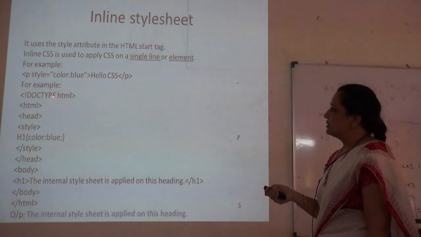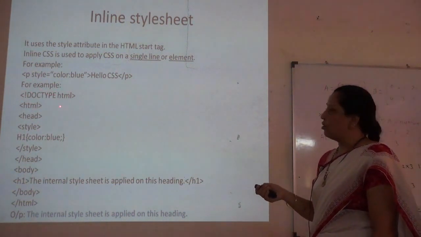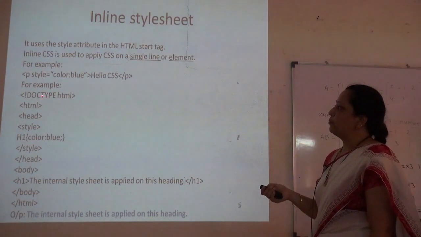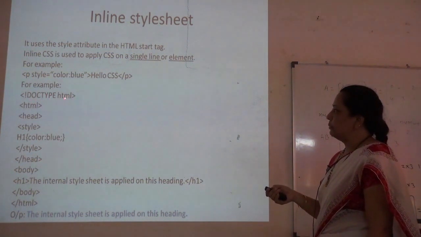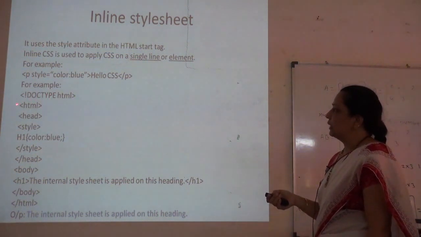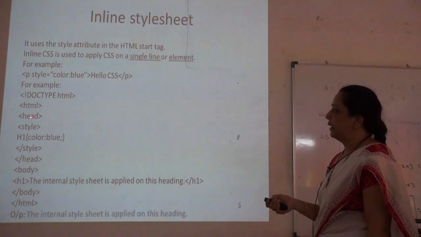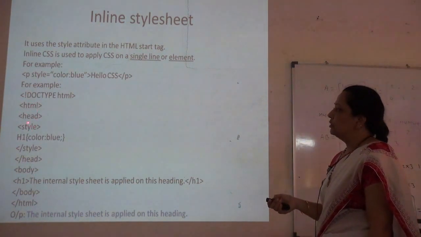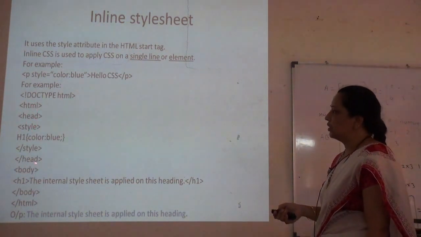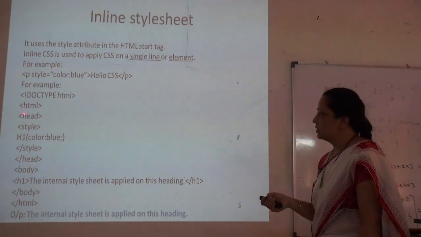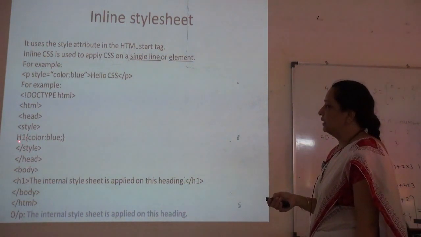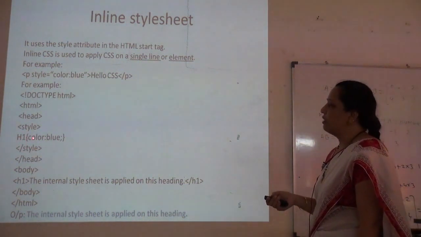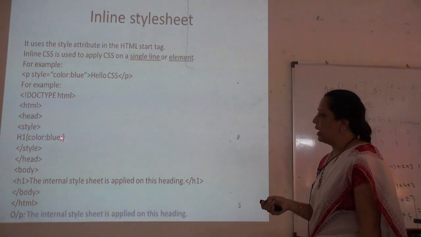So now we are going to start the first example, with HTML programs from here. As we know, exclamation mark DOCTYPE html. Now the syntax of HTML: html, head, style. The style is enclosed in the head section. In this style we have h1 color blue, with only one property and value.